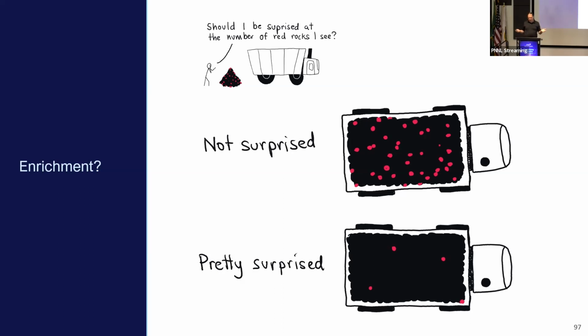It's not any different. You're not surprised. In this case, where most of the rocks in the back are black, you'd be pretty surprised, right? You'd be pretty surprised to see that if a dump truck just randomly dumped stuff off. So the surprise is often expressed in a p-value.